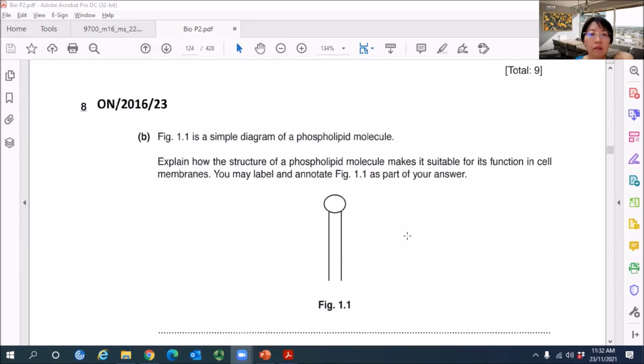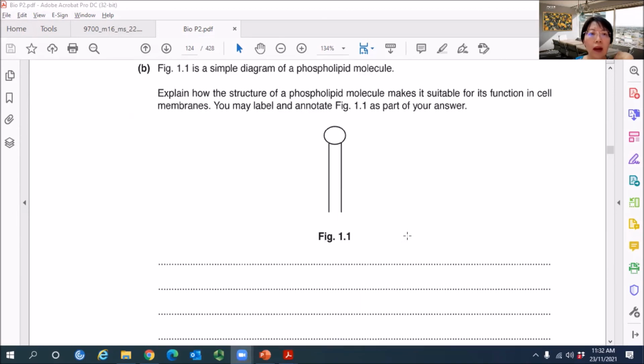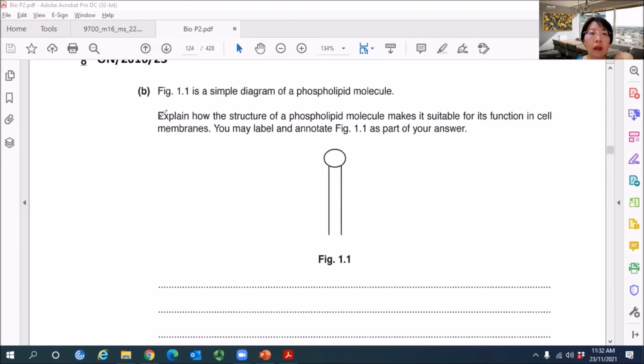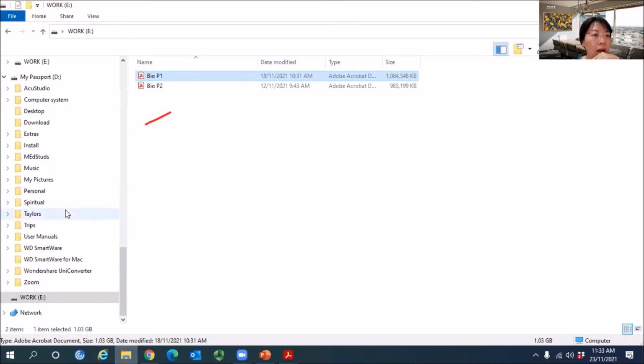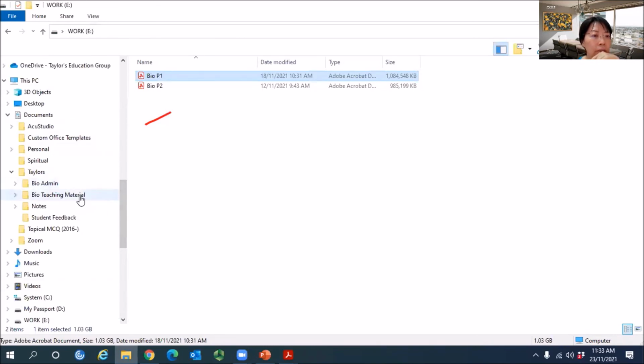Right, next. You got a phospholipid molecule. You are asked to explain how the structure of this molecule makes it suitable for its function in the cell surface membrane. You may label and annotate it as part of your answer. What question is this? This is 2016 paper 23. So let's look at the mark scheme.